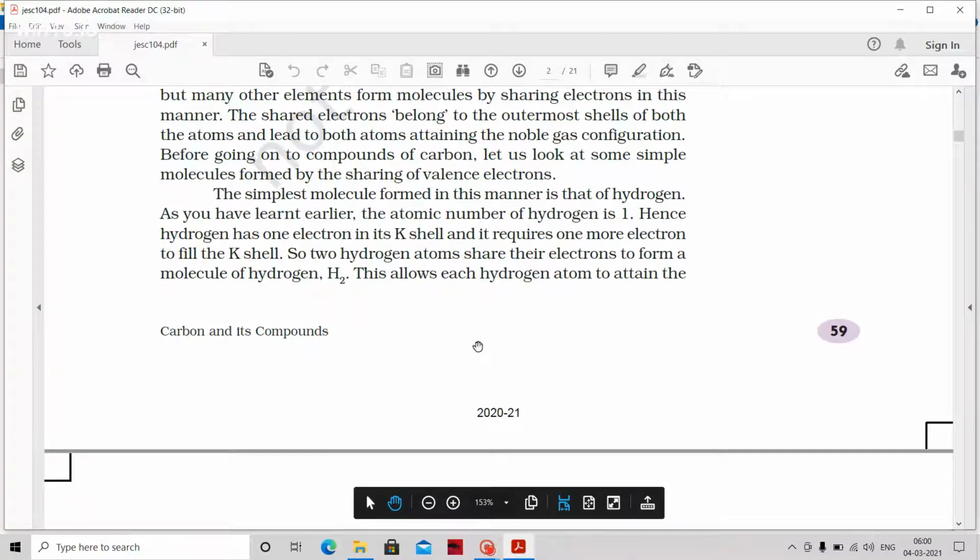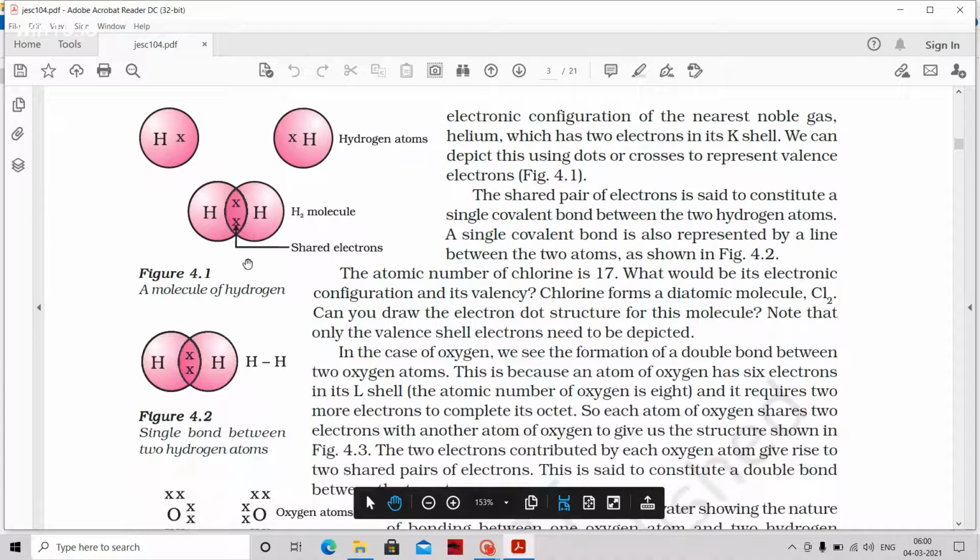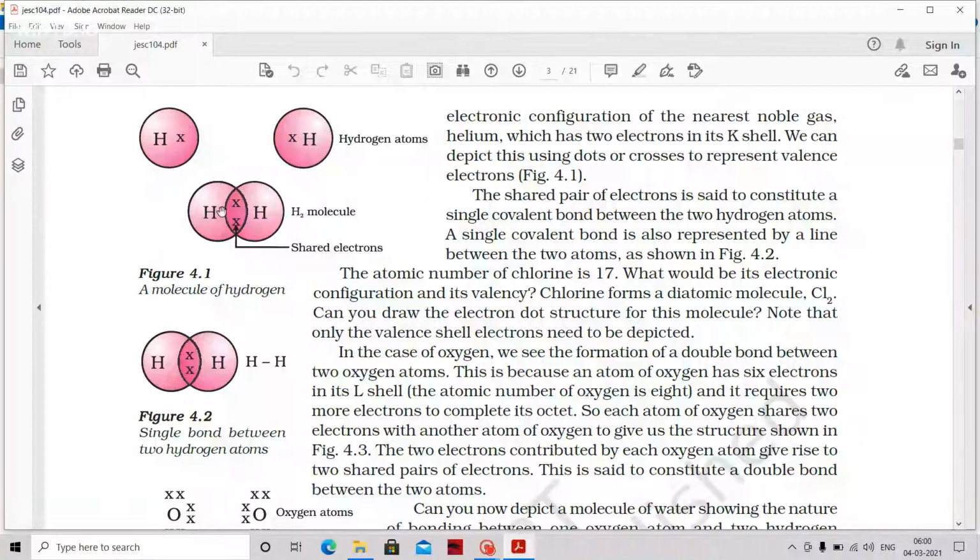We have seen the simplest molecule formed by a covalent bond is hydrogen gas, H2. These are the two electrons we showed; H and H are shared. This is what we can call a Lewis dot structure. These dot structures clearly show that the hydrogens share one pair of electrons.